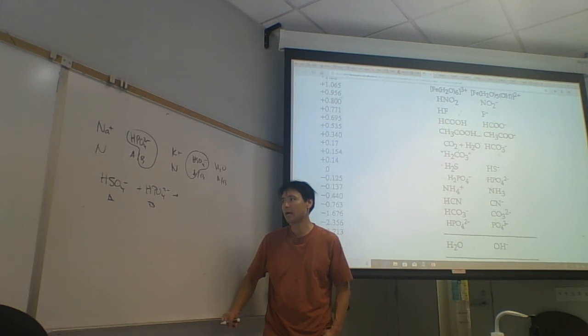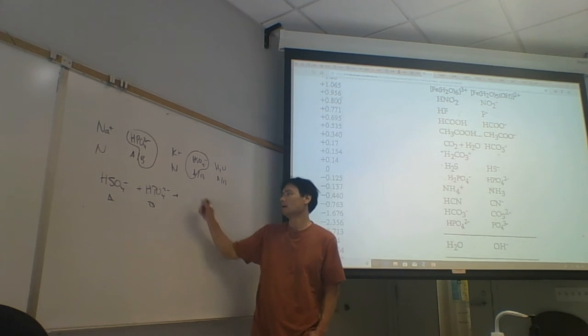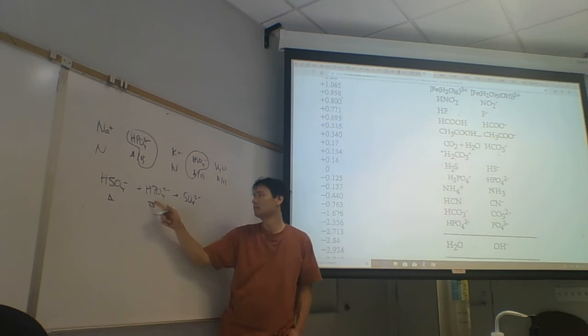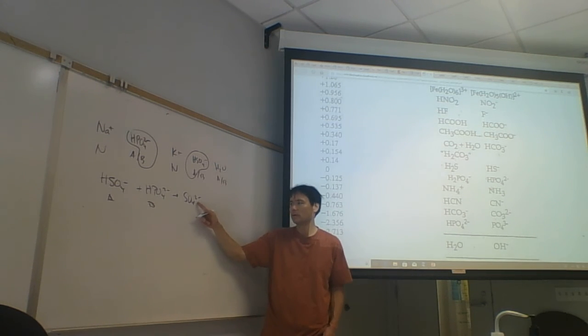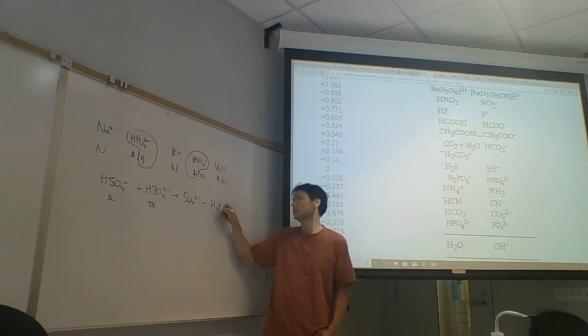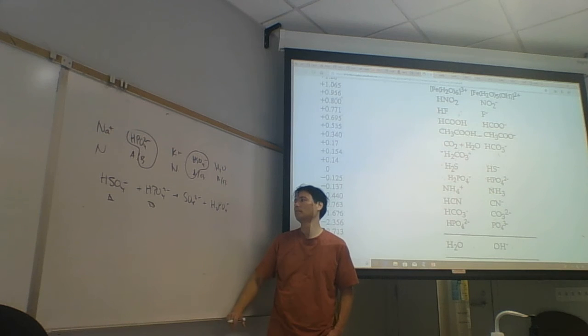Yep. And so we're going to form sulfate. So the acid loses the hydrogen. Charge goes more negative here. And then the HPO4 2 minus gains it. So we'll form H2PO4 minus and the charge goes down.